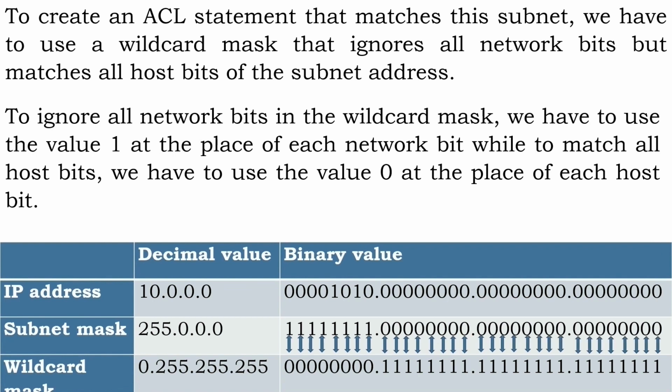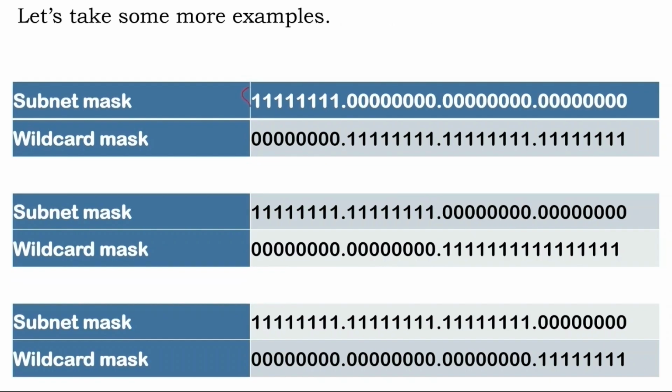Let's take some more examples. In this subnet mask, we have all ones in the first byte. So we will put all zeros in the first byte of the wildcard mask. In this subnet mask, we have all ones in the first and second bytes.